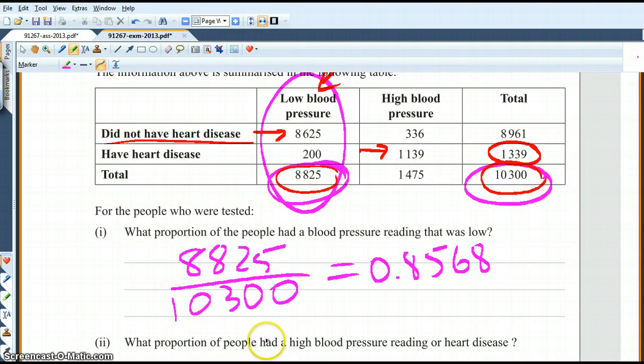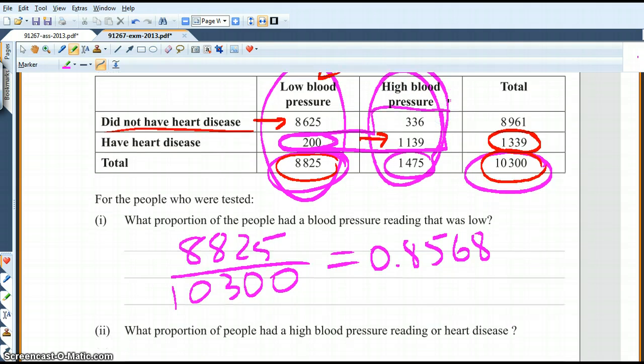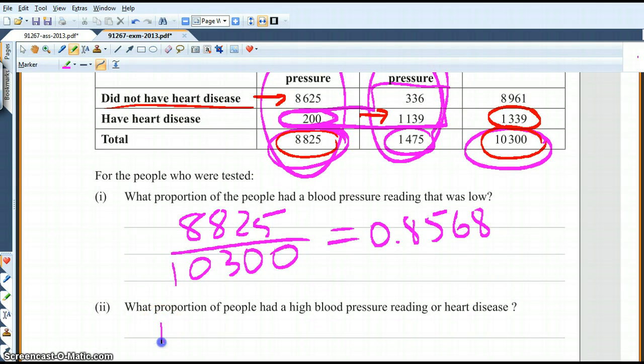What proportion of people had a high blood pressure reading or heart disease? A high blood pressure reading, that's all of these people, or heart disease. So we're looking at all of these people here. So we have got 1,675 out of 10,300.